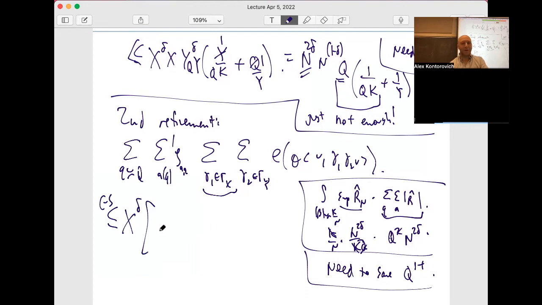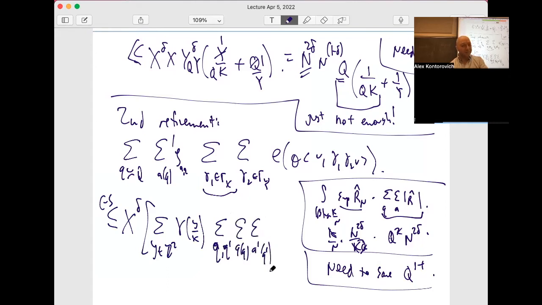The sum on gamma 1 is replaced by a sum over Y in Z2, upsilon Y over X, and then a sum on first Q and Q prime of size Q, A mod Q, A prime mod Q prime, gamma 1, gamma 2 prime of e to the 2 pi i Y inner product theta gamma 2 V minus theta prime gamma 2 prime V. It's a lot of syllables.